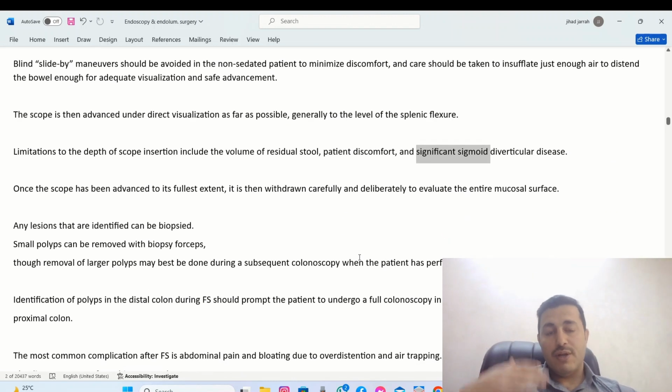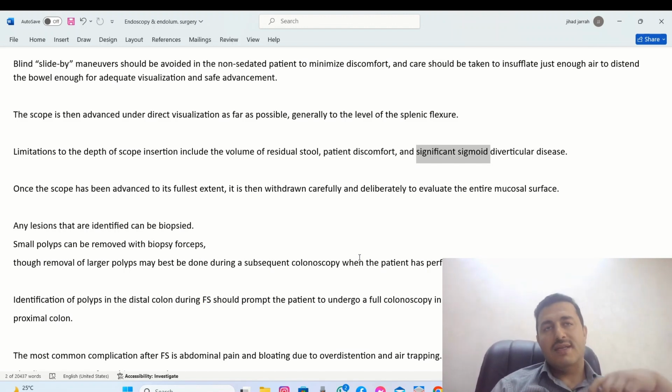After you reach the maximum point you want to reach, you withdraw carefully the flexible sigmoidoscope, and you have to slowly examine the mucosa while you are withdrawing.